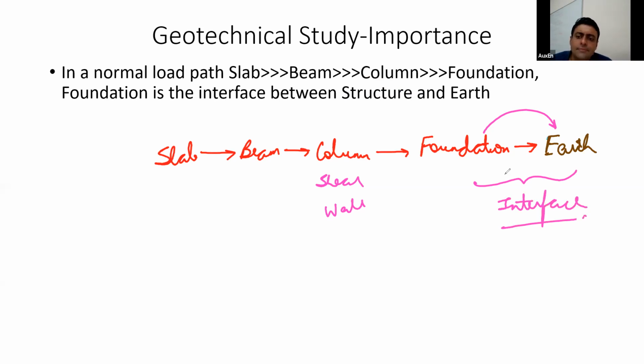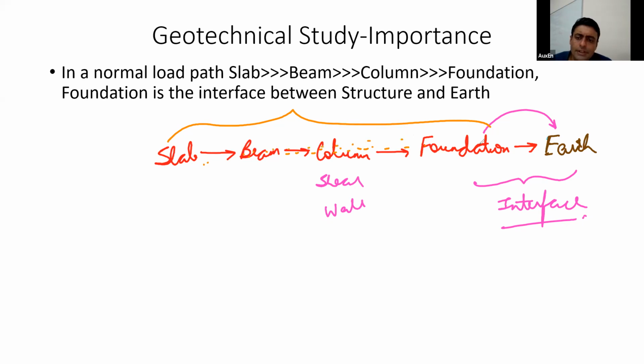Now, why does it become important? Because till here, your loads were getting transferred between all your RCC elements, or steel elements, whatever your structure is. Here, the interface was intra-material, I would say, isn't it? Within concrete systems these loads were flowing, or if you had a steel structural system, then within the steel system your loads were flowing.